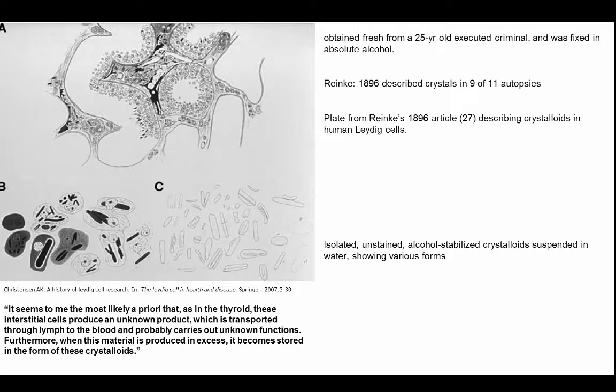So this is a plate from his original study. He went on to look at 10 more autopsy cases, of which he found 9 of 11 of those cases had abundant Reinke crystals within Leydig cells, and he went on to publish this work.